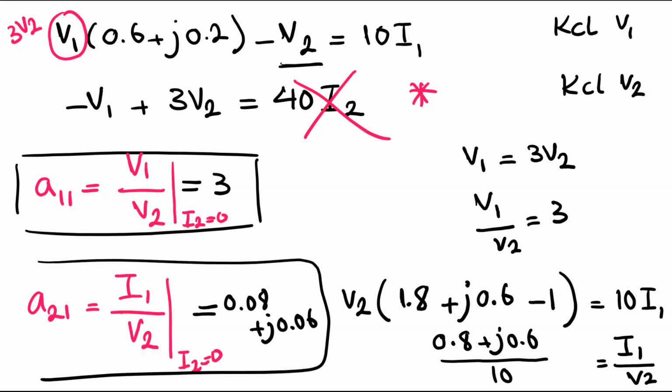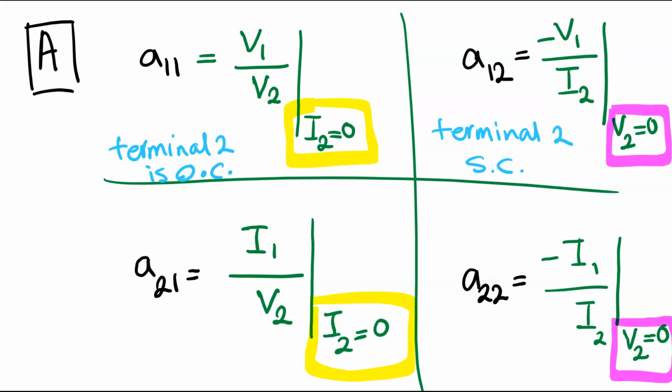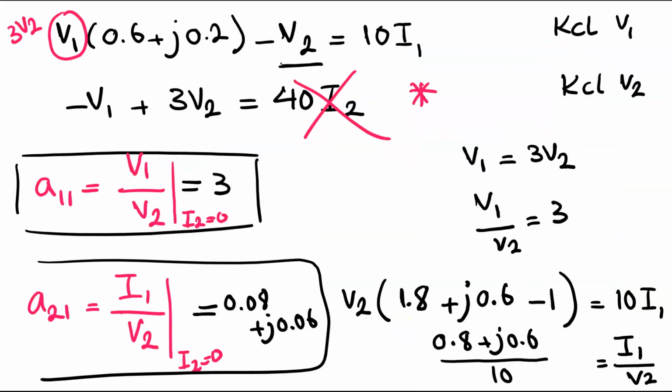So that's going to be my second parameter that I used the assumption of I2 equal to 0 in order to find. Now for the other two, I need to go back to my original KCL and KVL equations. So it means that I have to remove this red assumption here.